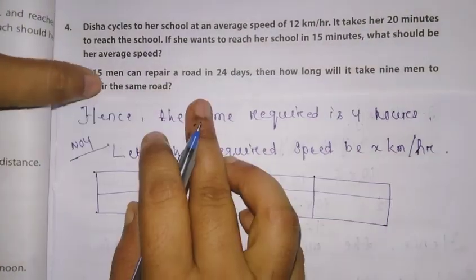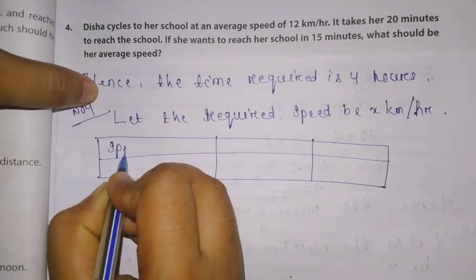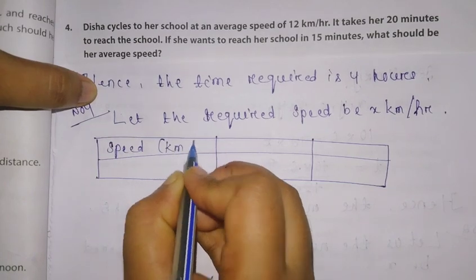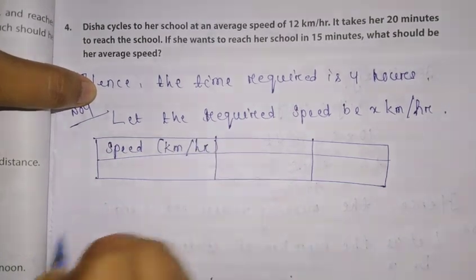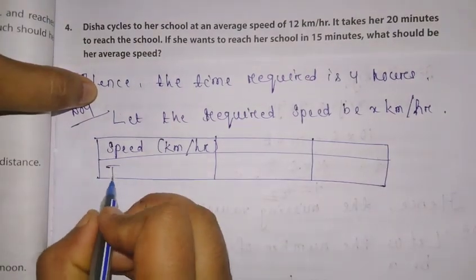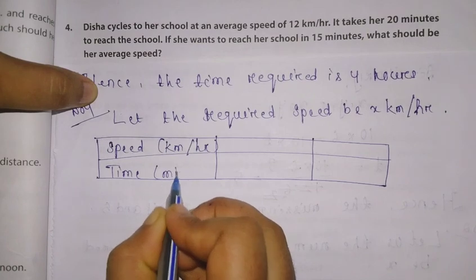First I write speed in kilometer per hour, then time in minutes.